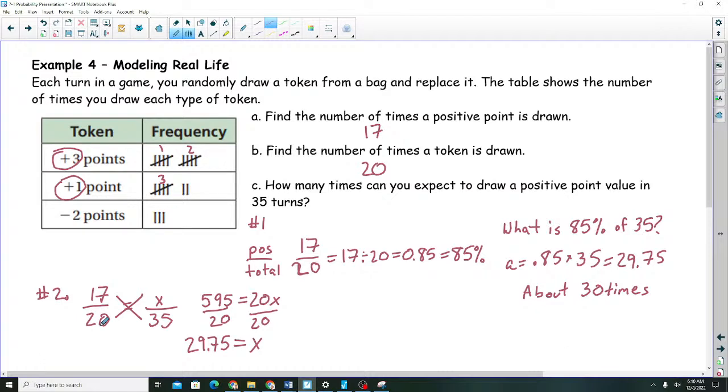Option number 2 says, well, 17/20ths is a probability. It's just not looking like one. And so therefore, we've got this relative frequency. We haven't put it on the table. We haven't thought about what it means, and then we just run with it. So that method is great, but it needs to be done with some actual thought and understanding of what's going on.